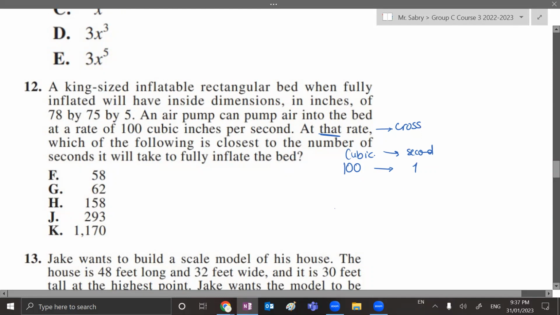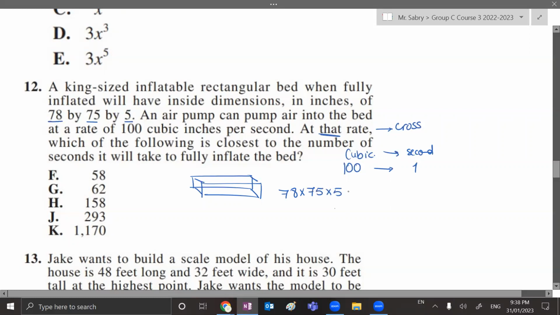So we have here the dimensions of the whole inflatable rectangular bed. We can get the volume using those dimensions. How do we get the volume of a rectangular block, this inflatable bed? We multiply length times width times height. So we do 78 times 75 times 5.